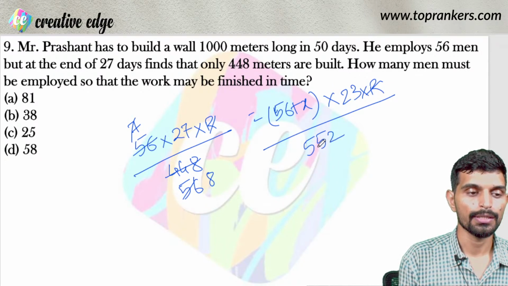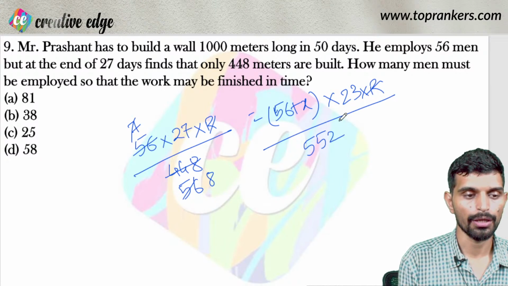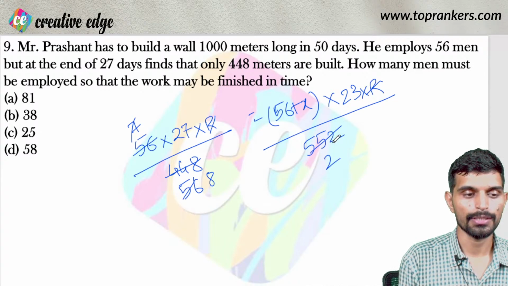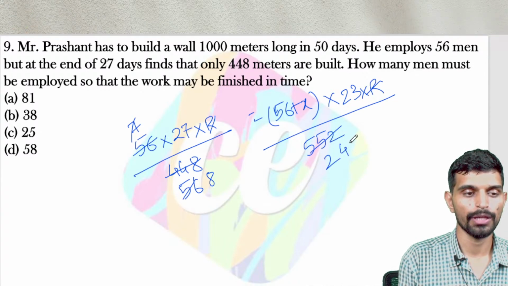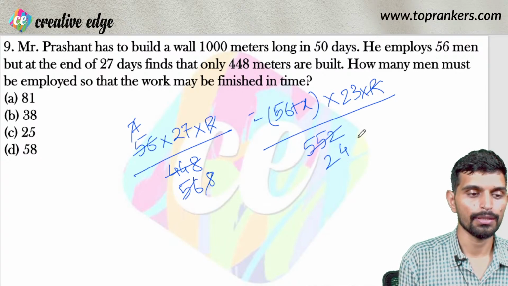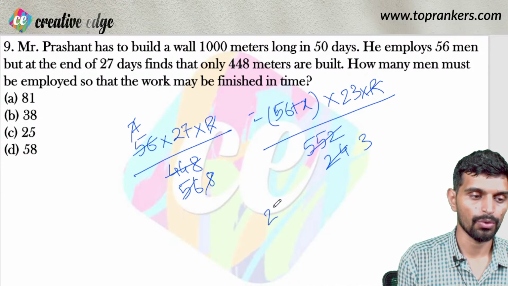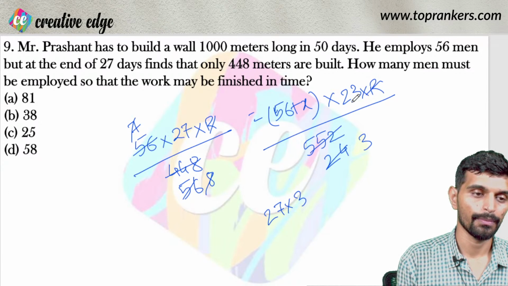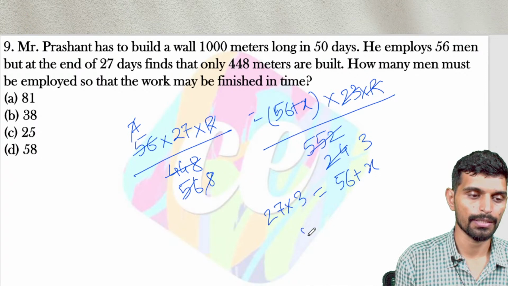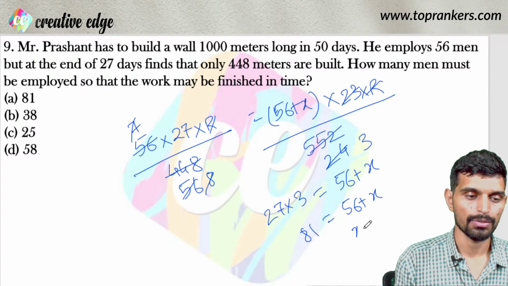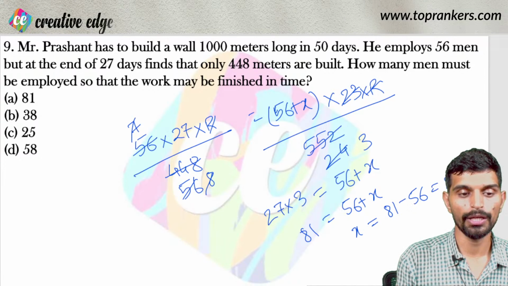So try to cancel 552 by 23. 23 ones are 23, 23 twos are 46, remainder is 9, 9 2 92, 4 times 23 4s are. Now let's cancel this 3 times. So now we are left with 27 into 3 is equal to 56 plus X, that is 81 is equal to 56 plus X.